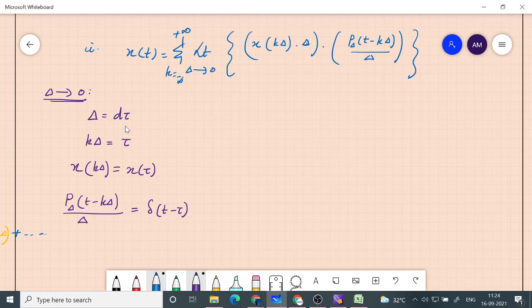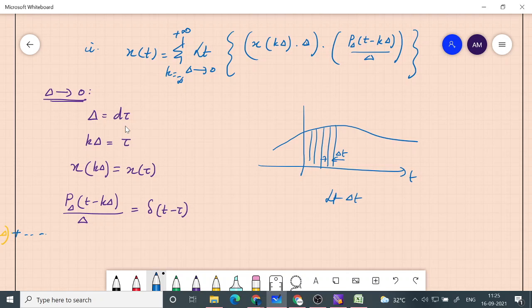Also, if you look at how we start with slicing a function, like in integration, when you define integration in calculus, we start with some function, and then we do this slicing. This is t, initially this is delta t, and then in the limit delta t goes to 0, delta t will become dt.